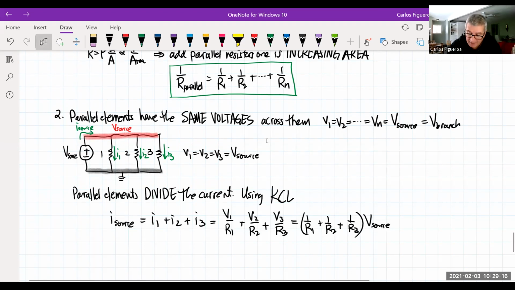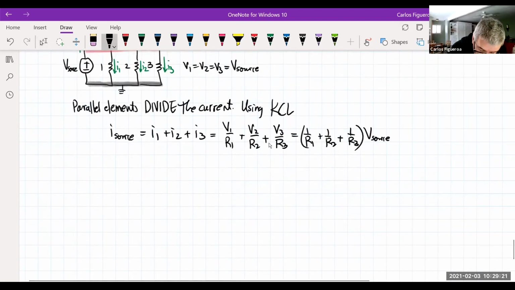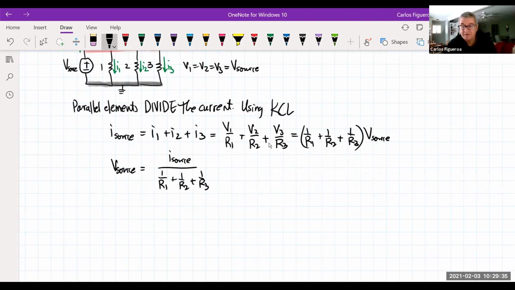And so according to our rules, V source can be written as 1 over R1, 1 over R2, 1 over R3 times the source current, which is equivalent to rewriting this as an equivalent parallel resistance times I source.